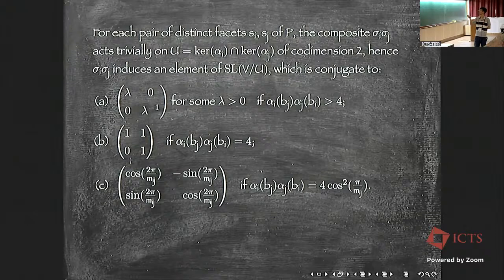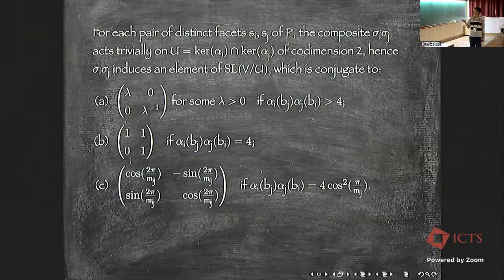So this intersection is codimension 2, and the composition acts trivially on this codimension 2 subspace. Okay, so these compositions induce elements in V quotient by U. So this is a two-dimensional space, right?